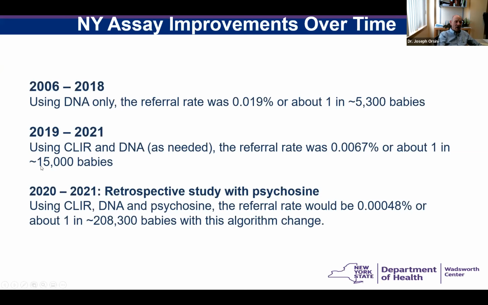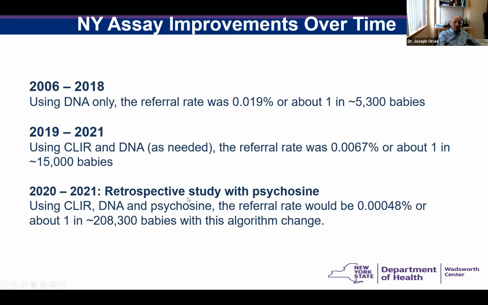So it's very high. Using the Clear tool and DNA since 2019 to 21, our referral rate is down significantly, about 1 in 15,000 babies. So 1 every 3 weeks currently. But we also did a retrospective analysis, and this is where we're moving.